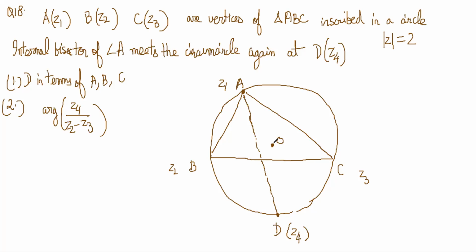This is the circumcenter, so this distance is R, and this distance is also R. So this angle is A by 2. This angle is also A by 2. So you have to find point D in terms of everything else.